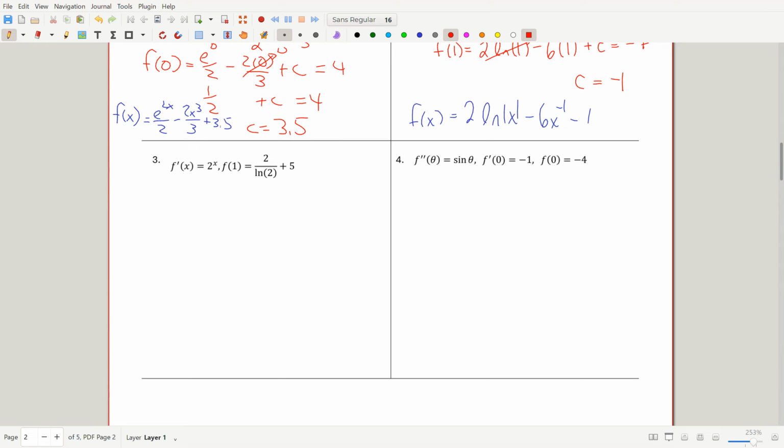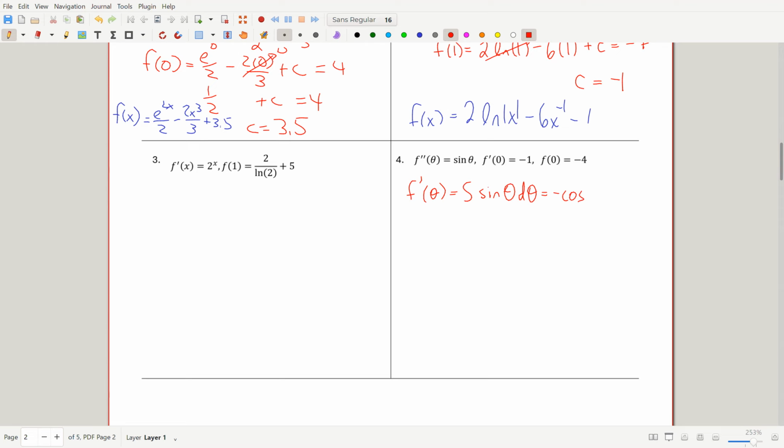So we've got the f prime of theta. Oh boy, we use theta instead of x. It equals sine of theta. So we know that f prime of theta is the integral of sine theta d theta. That's just cosine theta, or wait, negative cosine theta. Right? It's backwards of taking a derivative.